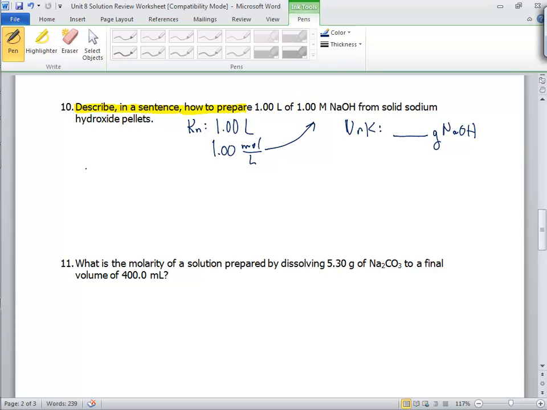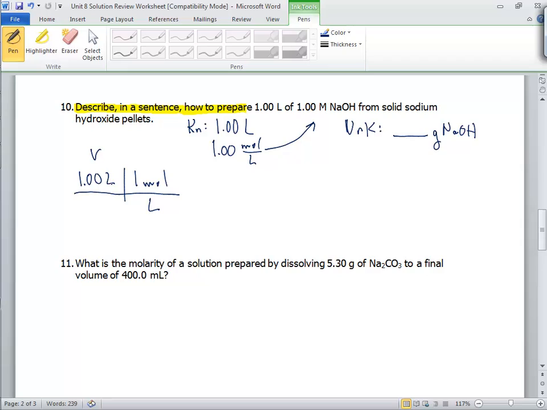So once again, it's going to be just like the problem we just finished. We're going to start with 1 liter of this solution, and we're going to multiply it by 1 mole per liter. That's the concentration.